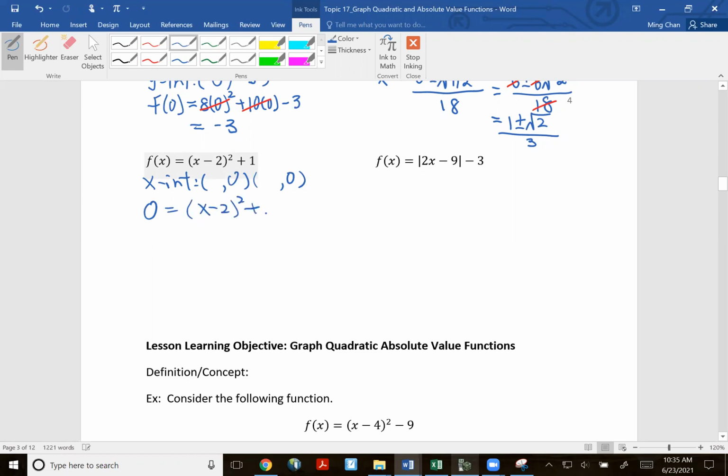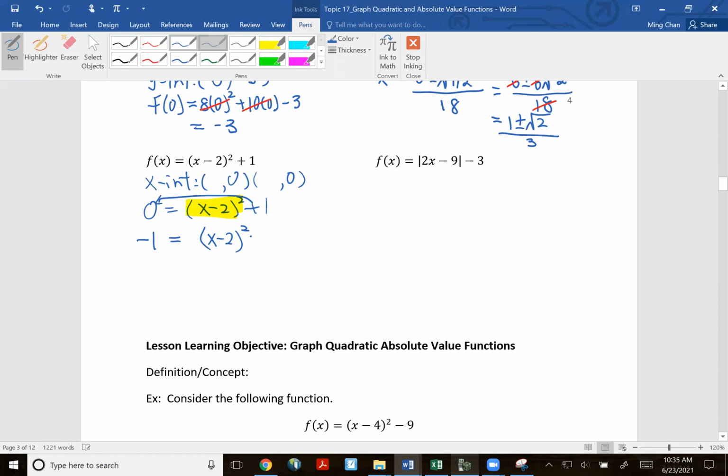Remember, this is only two terms. I'm going to show you right here how this problem has no x-intercept. This is only two terms, so I'm not going to multiply this out. All I'm going to do is isolate my squared term, my variable term, by simply moving the positive 1 over. So (x - 2) squared is equal to -1.